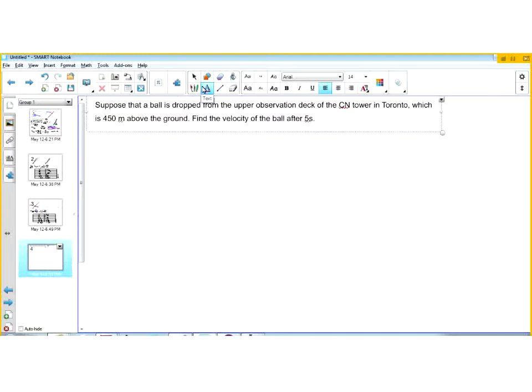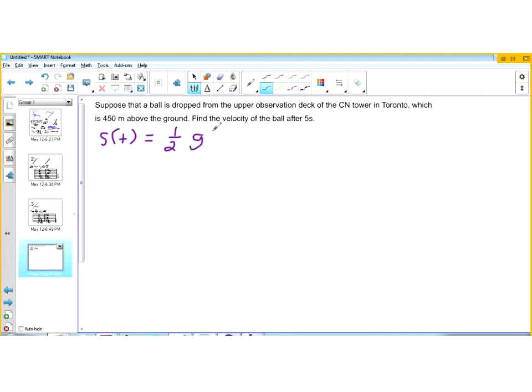Now, from physics, we have a position function, which is usually denoted by s. The position of an object with respect to time t, when it's in free fall toward the surface of the Earth, would be 1/2 times the gravitational constant of Earth times t squared.